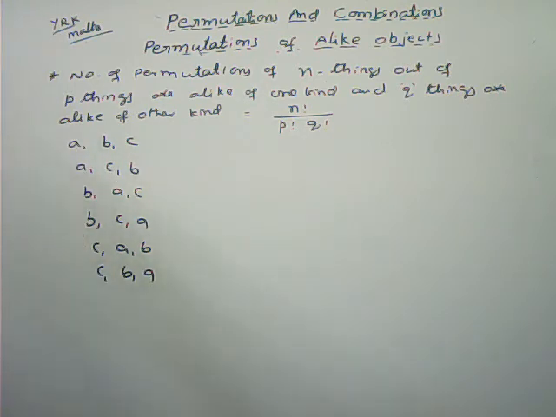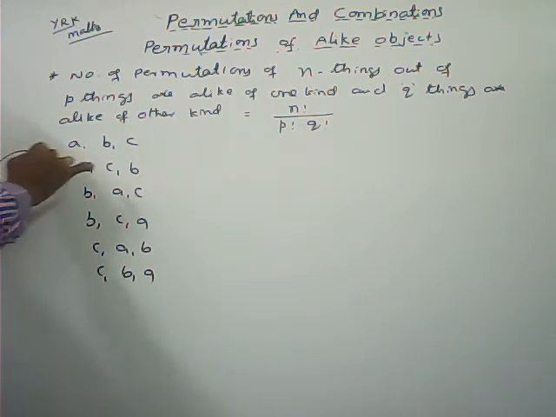Total 6 linear permutations we are getting. That we can write as 3 factorial also. If any three distinct letters are given, they can be arranged among themselves in 3 factorial ways, which is equal to 6.